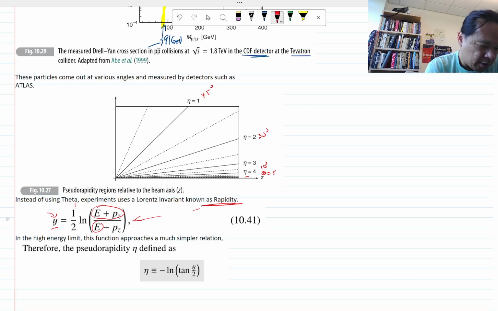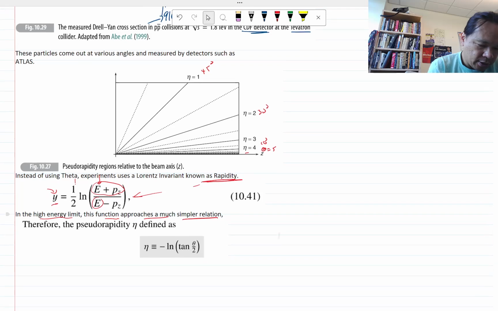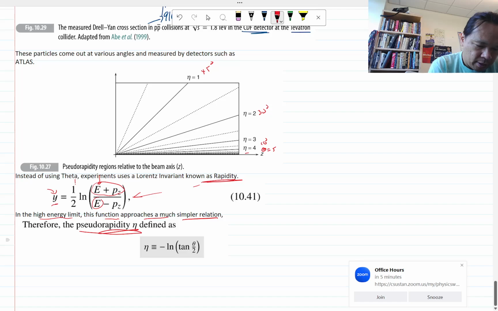But it's hard to use because a lot of times you don't know the mass of the particle, so you can't separate whether it is energy or momentum. In the high energy limit, this function approaches a much simpler relation to theta, known as pseudorapidity. This uses the letter eta, and eta is defined as negative natural log of the tangent of theta over 2.